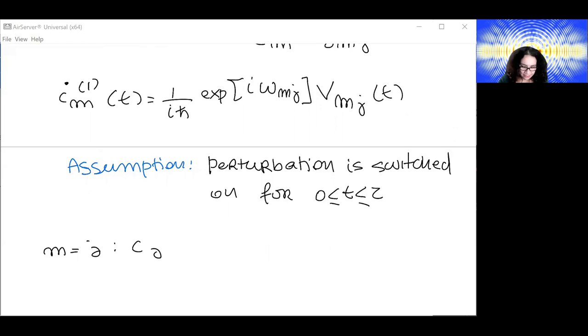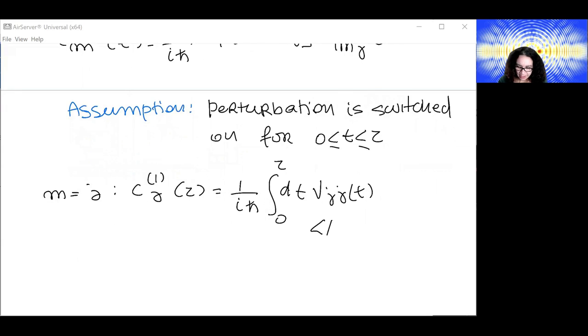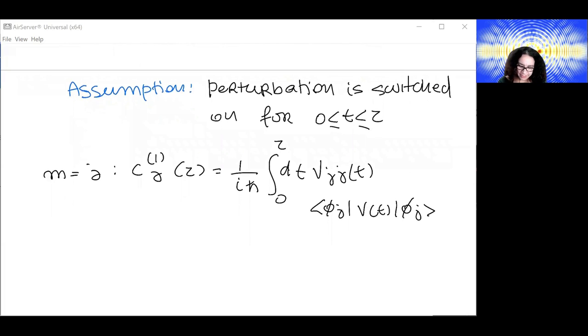So in this case, you have Cj1 of t equals 1 over i h bar integral from 0 to tau dt Vjj of t, whereby remember that this is going to be phi j V of t phi j. We need to discuss if this is going to be non-vanishing or vanishing. This is going to depend on what your V is. Some cases it will, sometimes it won't, but let's bear this in mind.